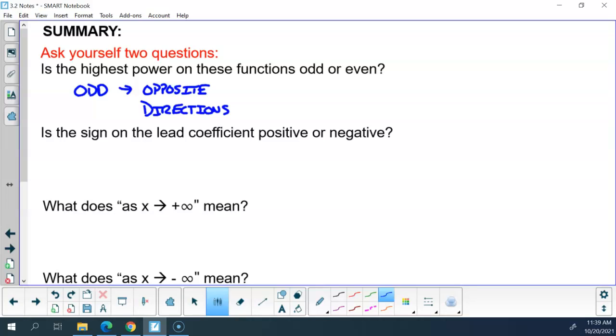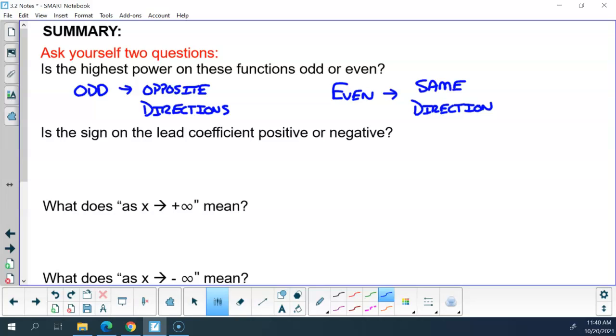If it's even, they go in the same direction. And that direction is determined by the lead coefficient.